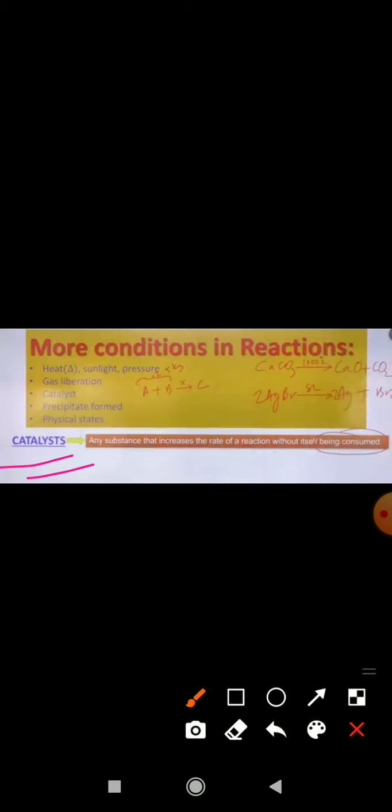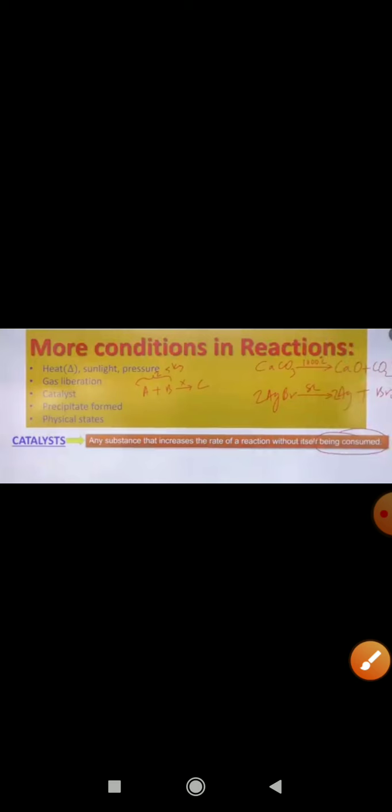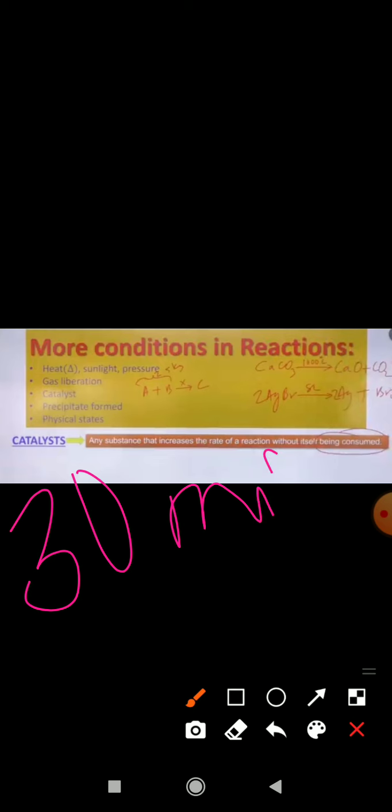What is a catalyst? Any substance that increases the rate of reaction without itself being consumed. It increases the rate, which also decreases the time. For example, if a reaction needs 30 minutes, with a catalyst we can complete it in 5 minutes.